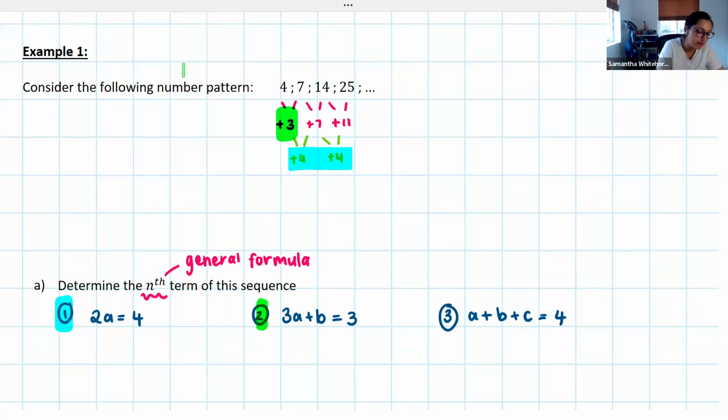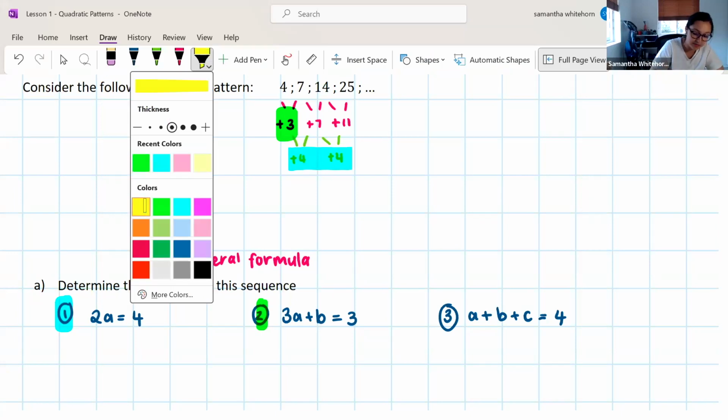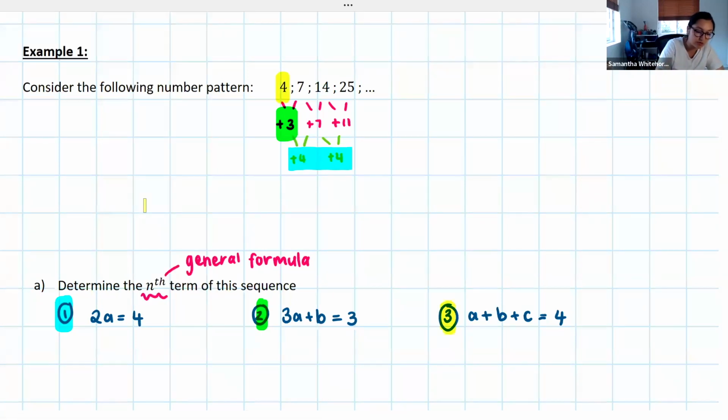And then finally, my last equation, the a plus b plus c, will be equal to the first term of the original quadratic. And that's why I always go and actually break down what the sequence is saying, because once I know that, it's easy for me to solve my other 3 equations.